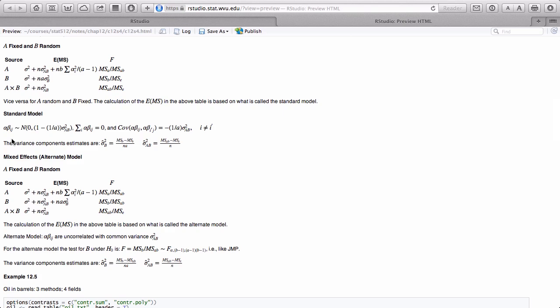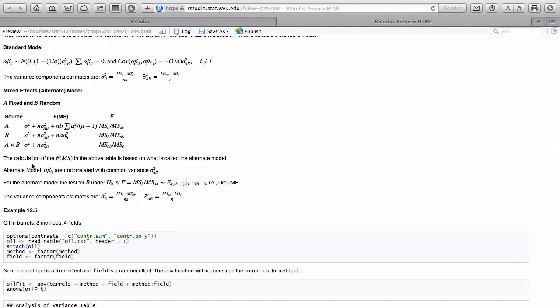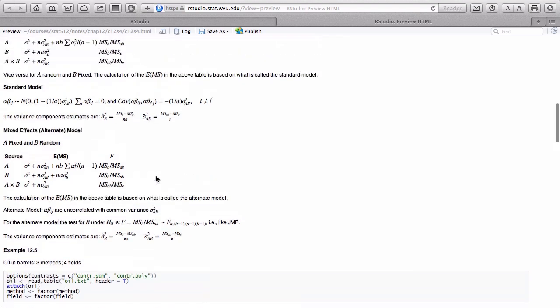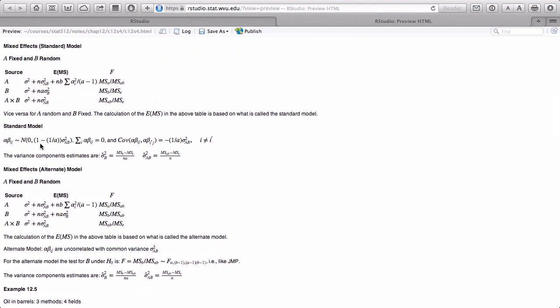If you compare this to the alternate model, which I think says the alpha beta ij are uncorrelated with common variance sigma squared sub AB, well, what happens here is we have a slight covariance that depends upon 1 over A, and we also have an adjustment to the sigma squared sub B. So in this case, there are slightly different assumptions.